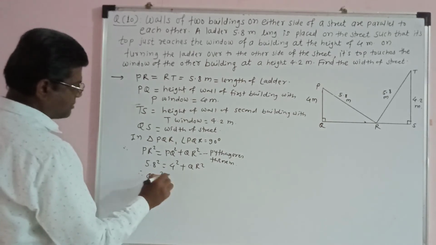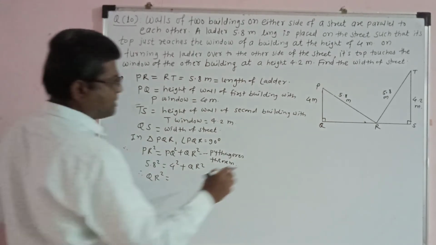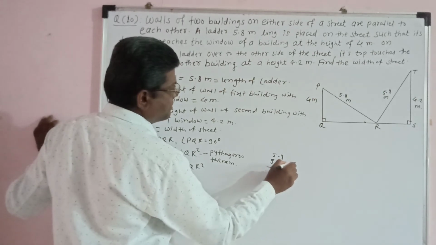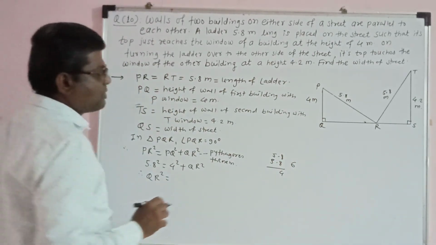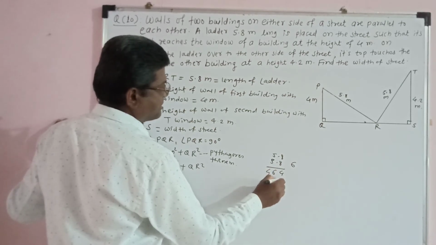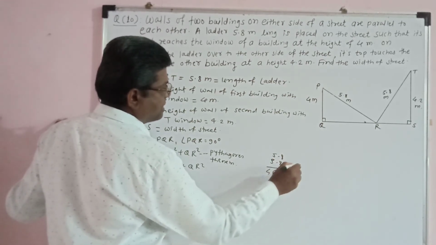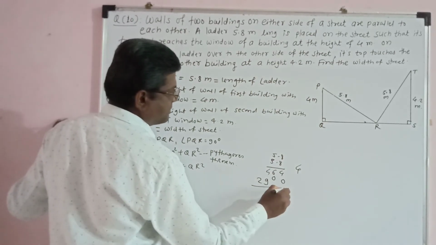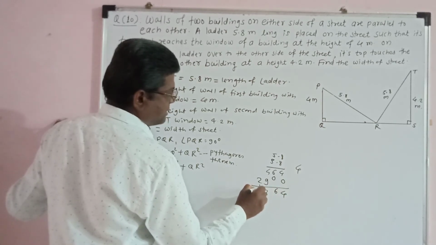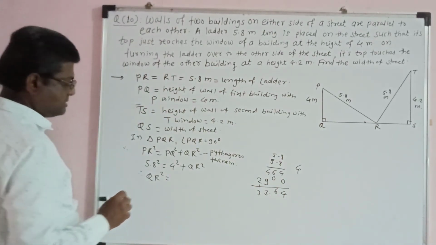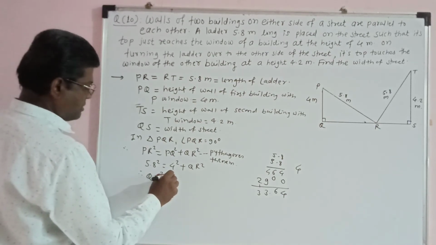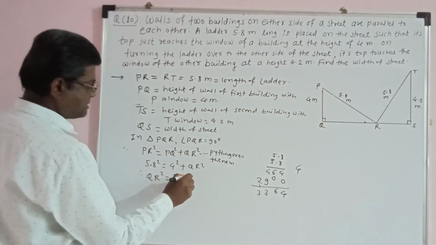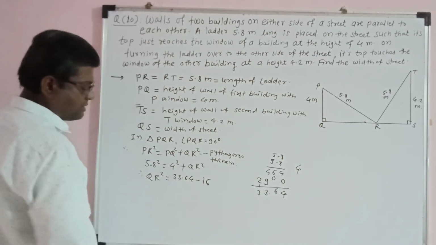Therefore QR square is equal to 5.8 square. 5.8 into 5.8 will be 33.64. So 5.8 square is 33.64 minus 4 square is 16.